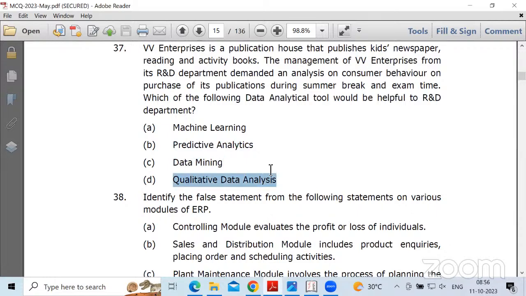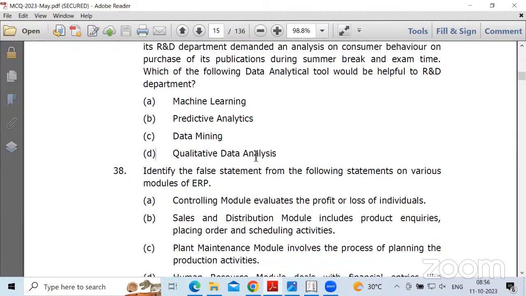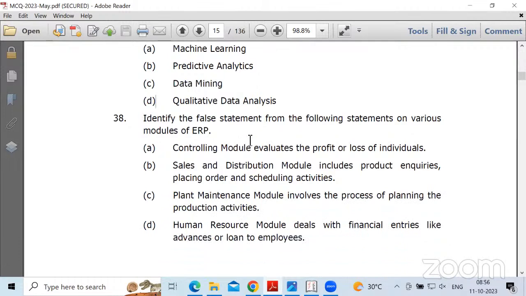Qualitative data analysis, you are predicting the sales exactly, this much of sales and this much of purchase, etc. Now the question is about the management of VV Enterprise from the R&D department demanding an analysis of consumer behavior of purchase of publications during summer break and exam time. You have to go for data mining, because that alone will have the information about the past purchases made. From that, you will be able to come to a conclusion on trend, pattern, etc.